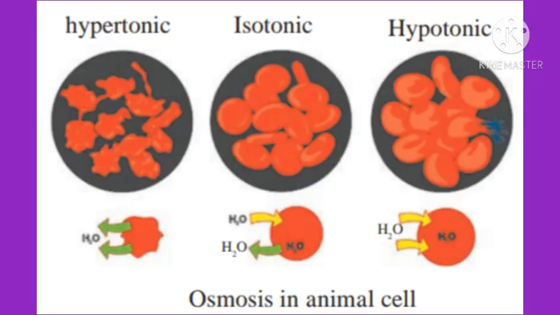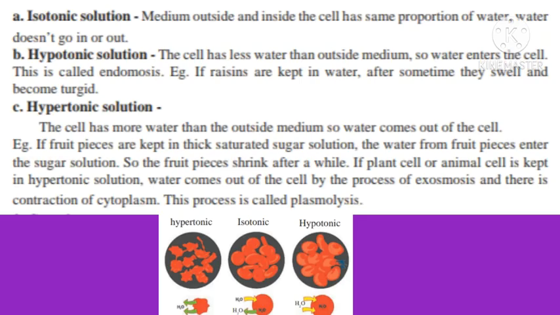Now there are three possibilities. First one, isotonic solution. The medium outside and inside the cell has the same proportion of water, then water doesn't go in or out. It remains the same as it is.